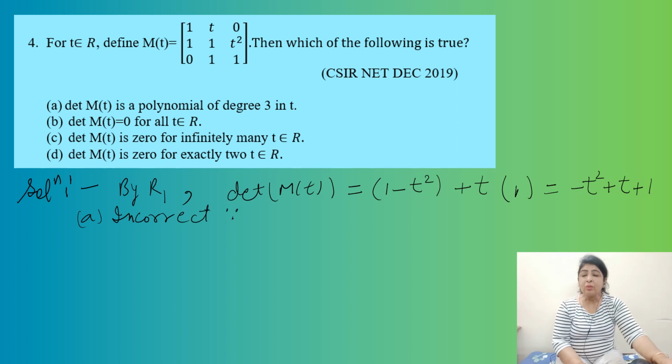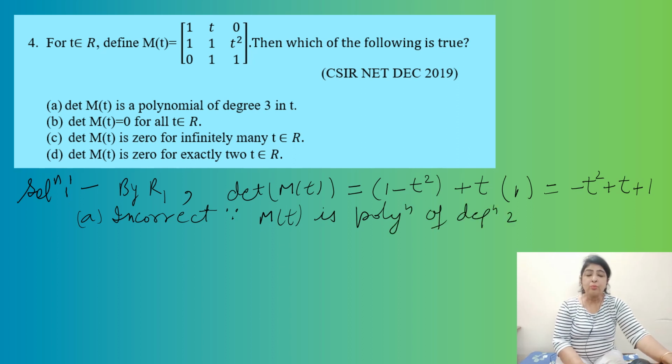Because the determinant of M_t is a polynomial of degree 2. Clear? Next he says the determinant of M_t is equal to 0. This is incorrect because the determinant of M_t is a polynomial of degree 2, so it is not equal to 0.